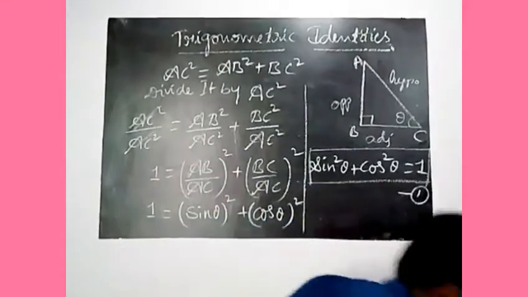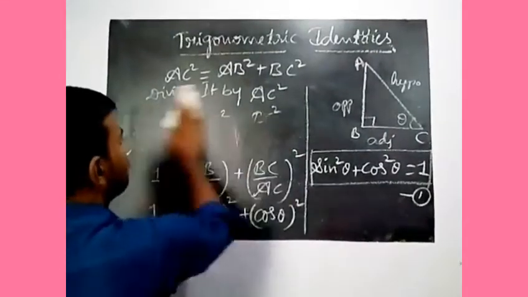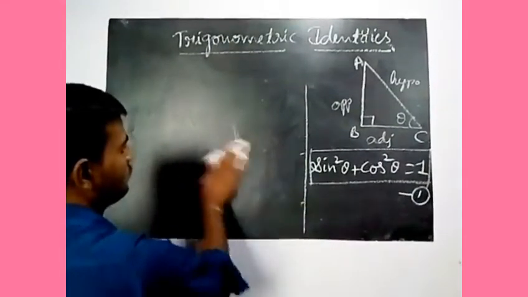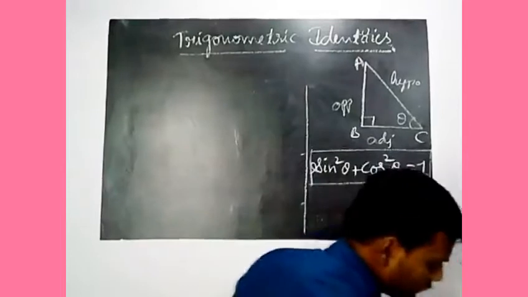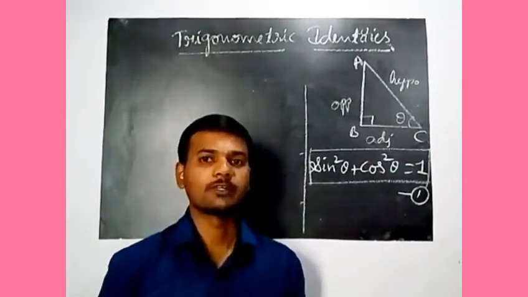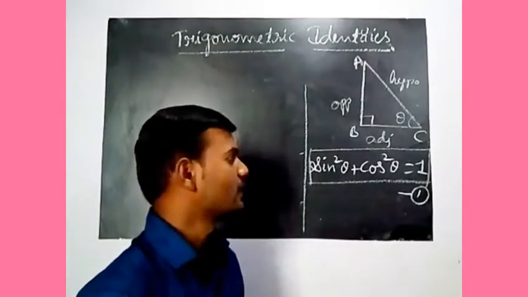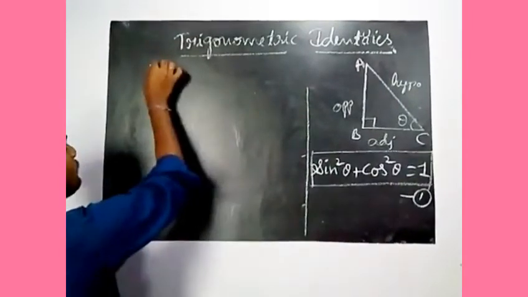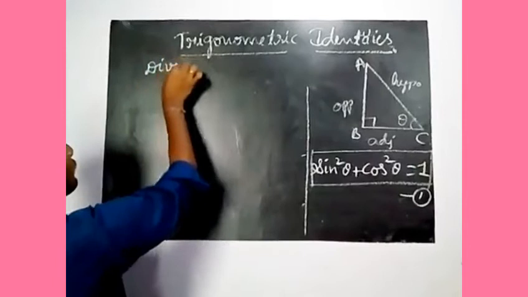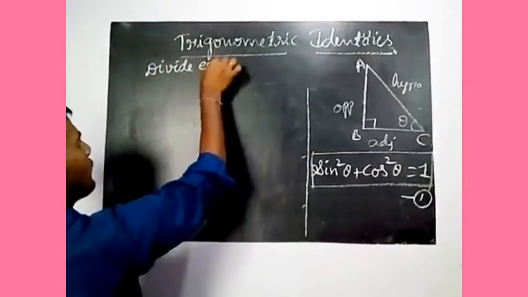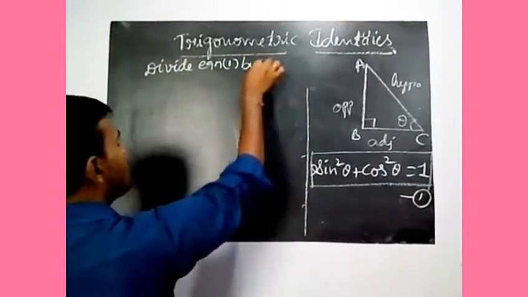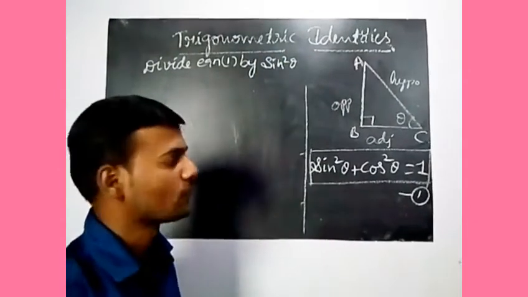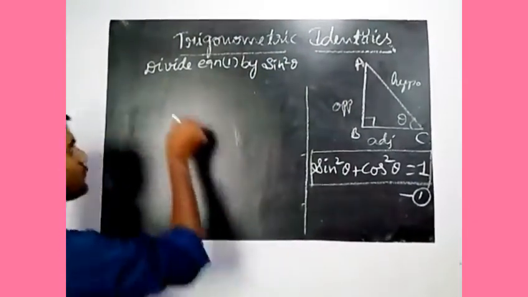Next, to obtain the next trigonometric identity, let me divide equation 1 by sin square theta.